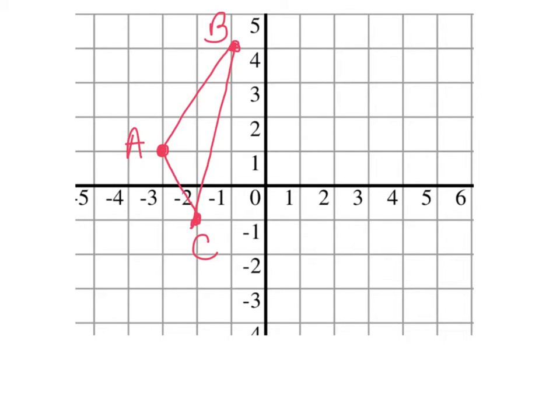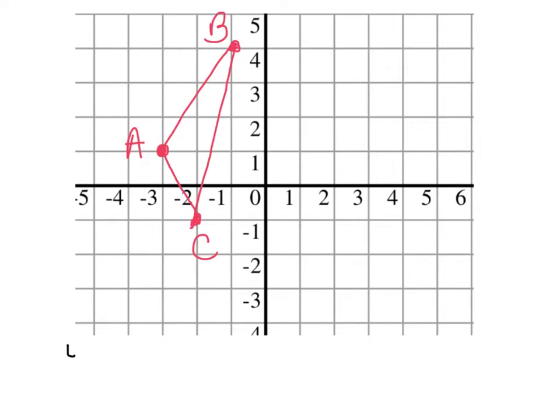This would be triangle ABC. Triangle ABC is your original shape. So I am going to translate this 4 units to the right and 3 units down.